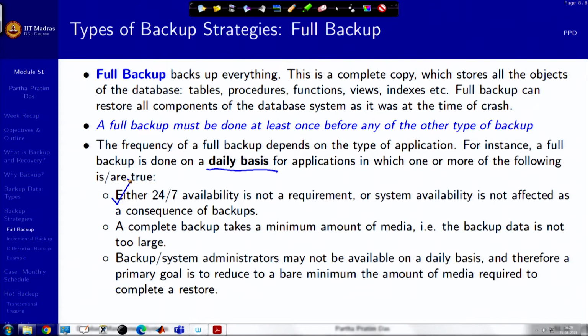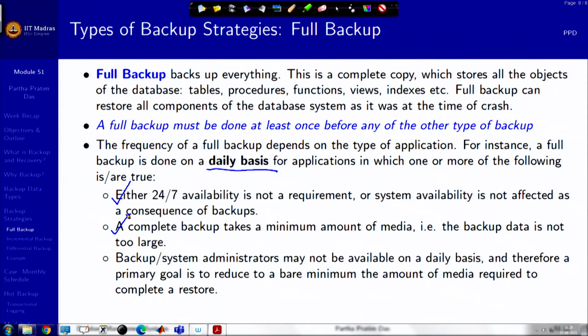See, if your system is, say, a net banking system, which is 24/7 available, and users are currently using and changing the table every second, every millisecond, certainly you will not be able to do a full backup easily, because the system availability is going to be restricted when you do this backup. So, this is one consideration.